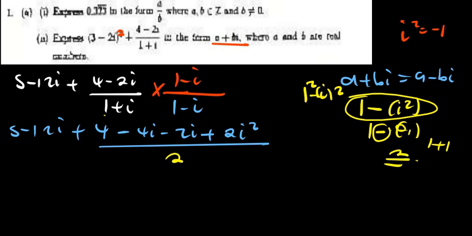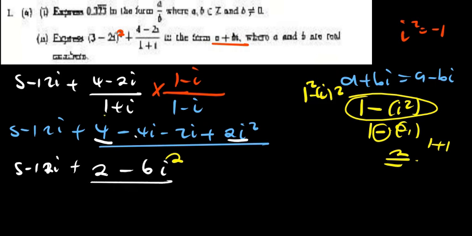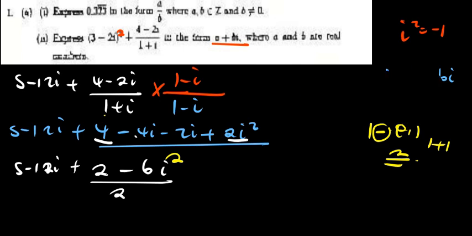So this 5 minus 12i will keep on coming, plus. I do know that where there is i, there is negative, so that is now negative 2. So 4 minus 2 is 2. The i term is negative 6i, divided by 2. What does it mean?